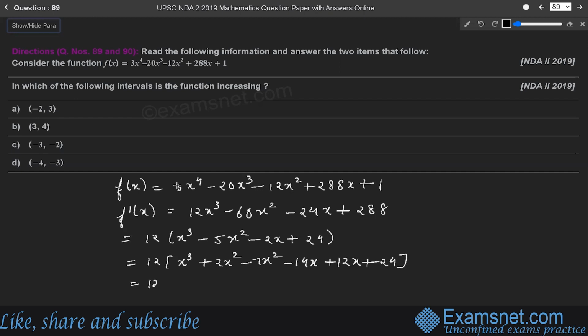So it will be equal to 12 into (x^2(x plus 2) minus 7x(x plus 2) plus 12(x plus 2)). We are taking the common terms from the first 2, middle 2 and last 2 terms.